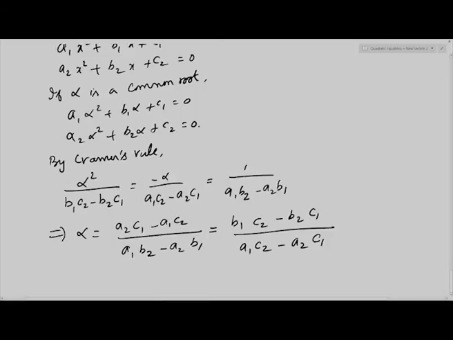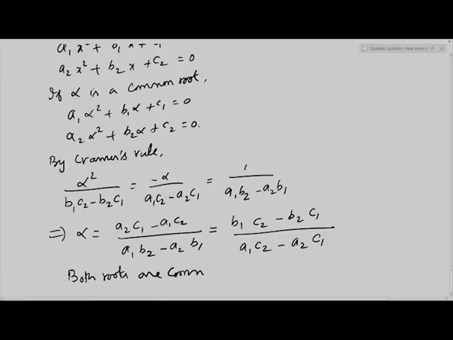So, if alpha is a common root, then it is necessary that the common root has to satisfy this condition. If both the roots are common, assume that alpha and beta are the roots of the first equation and also the second equation, then one equation is a constant multiple of the other.